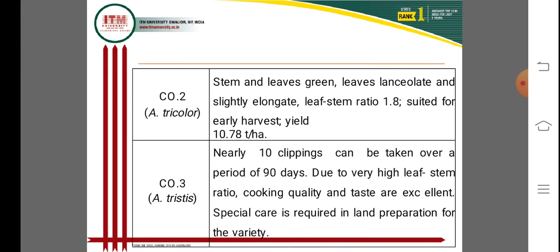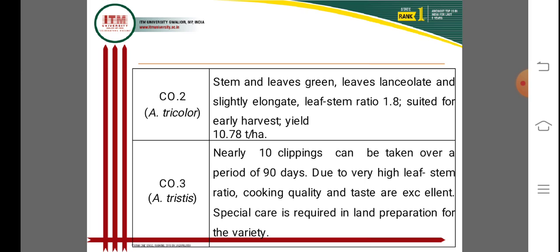The next one is Coimbatore 2. CO2 is a variety developed from Amaranthus tricolor. The stem and leaves are green, the leaves are lanceolate, and the leaf to stem ratio is 1.8. It is suited for early harvesting, with a yield of 10.78 ton per hectare.